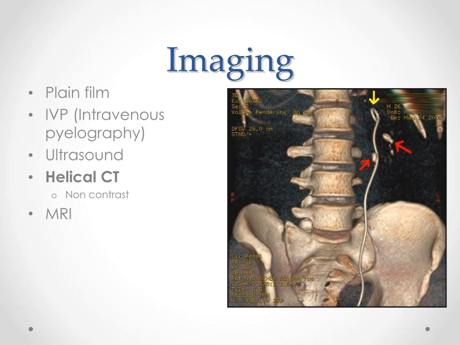IVP is something we used to use, but it involved exposure to too much radiation. Ultrasound can be helpful, especially in the absence of helical CT or in contraindication. For example, in pregnancy, an ultrasound is usually indicated.